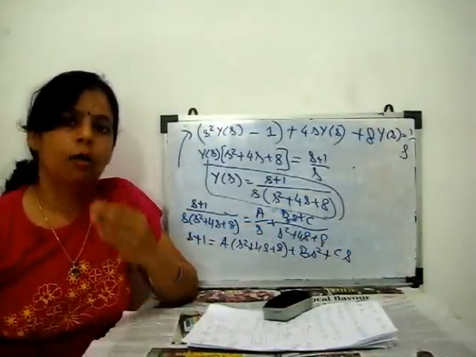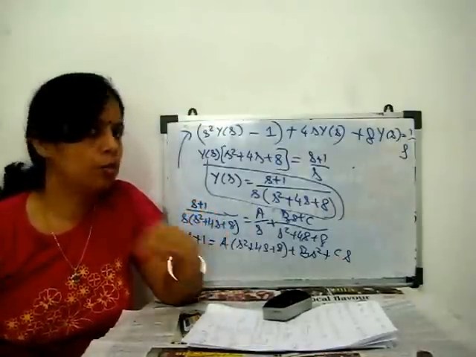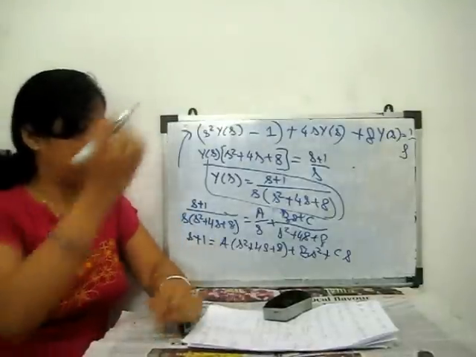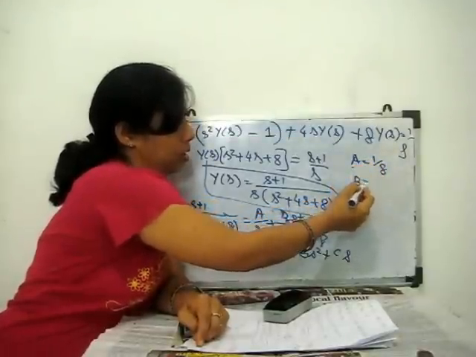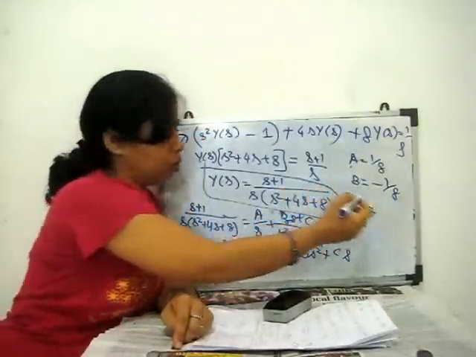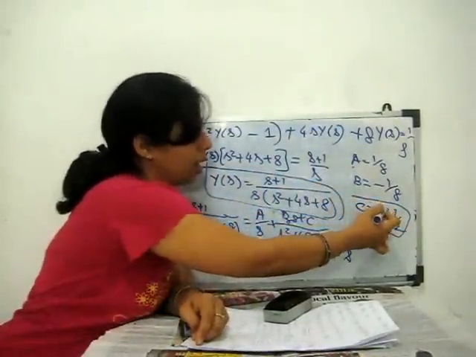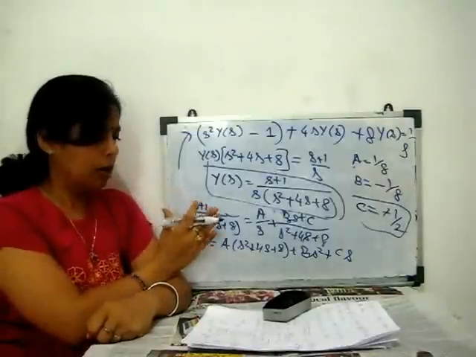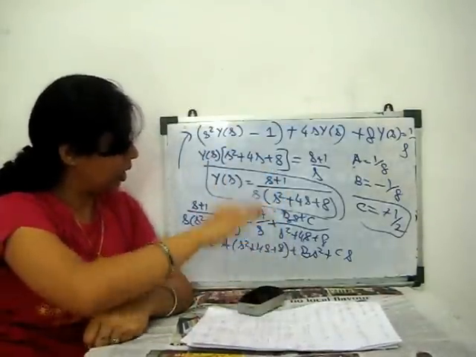Now putting s equal to 0, 1, 2 or comparing the coefficients of s square, s cube, you will get the values of A, B, C. So I directly substitute: when we solve, A is equal to 1 by 8, B is equal to minus 1 by 8 and C is equal to plus 1 by 2. Clear? So now this is the coefficient value; substitute here and simplify it.